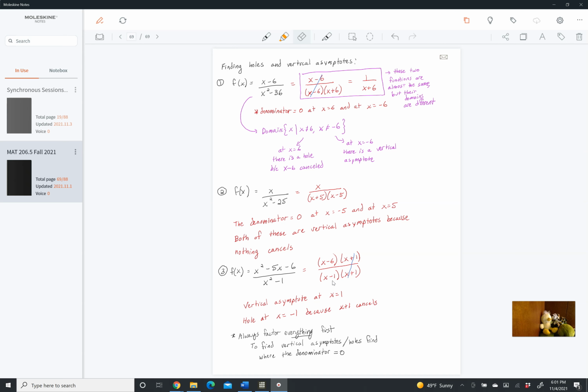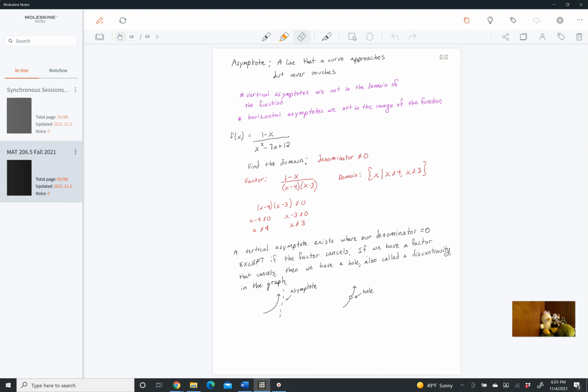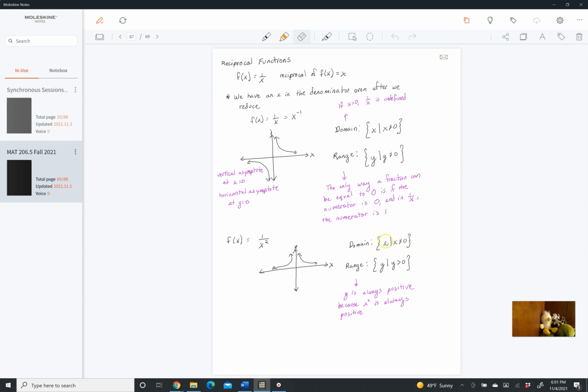So if you remember, we talked about some reciprocal functions that have horizontal asymptotes. So if we go back here to y equals 1 over x, or f of x equals 1 over x, then we see that y equals 0 is one of those horizontal asymptotes, okay?